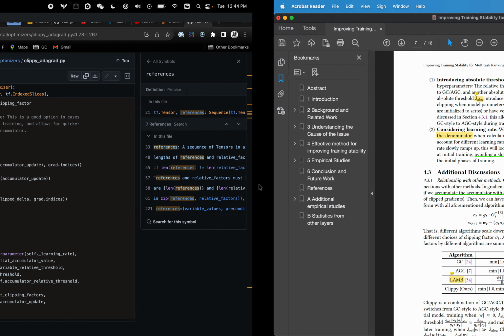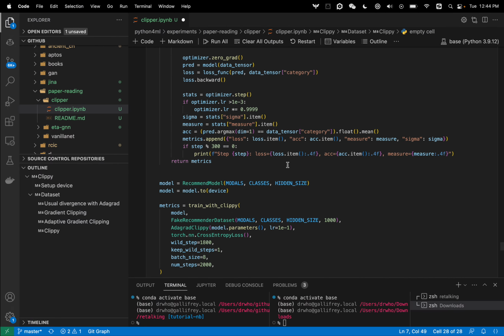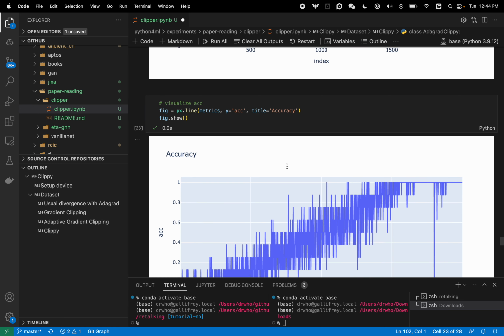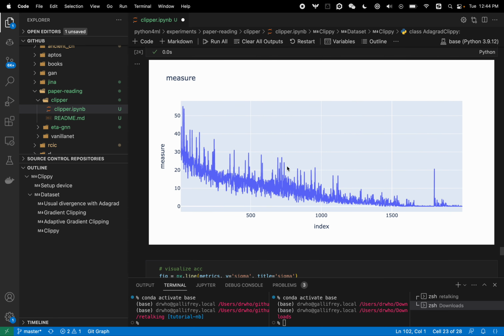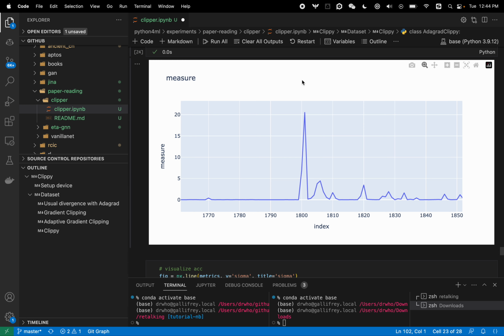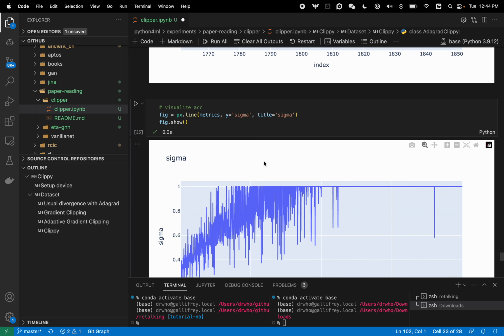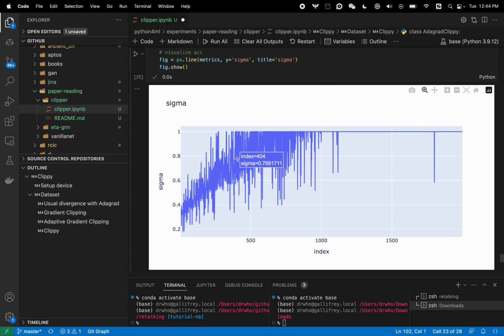Okay. Yes. So let me look at my Clippy. I think it's not working very well. I can see the measure spiking and the measure will be triggered, but I cannot find a sweet spot where I can actually deploy the sigma. So for this sigma, oh, it's working.